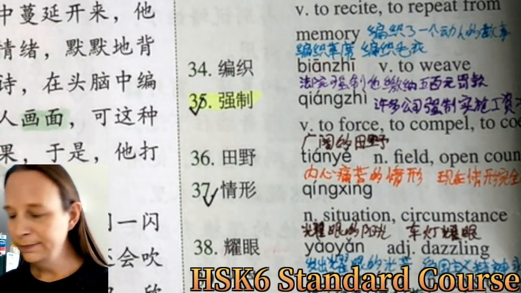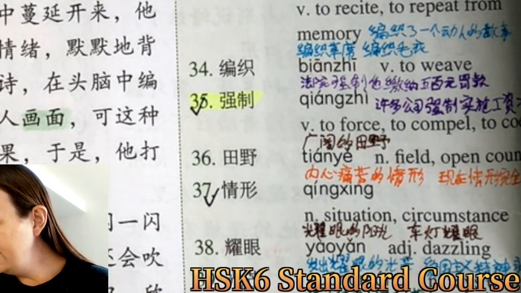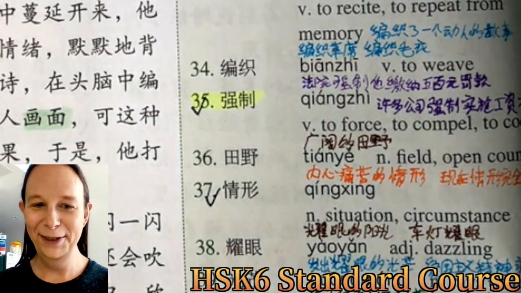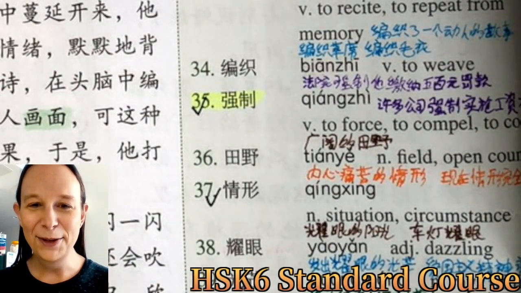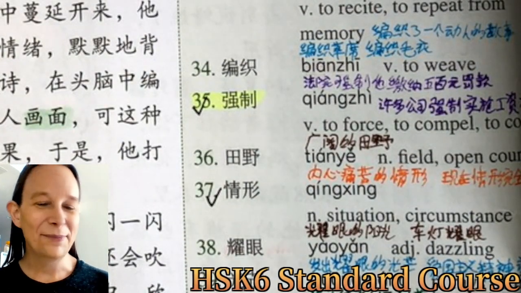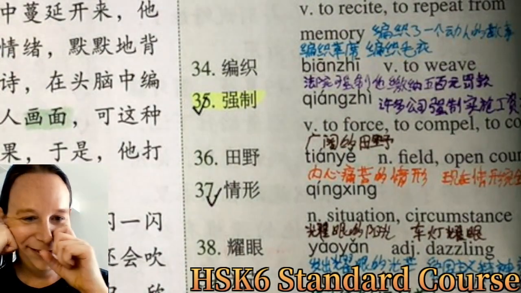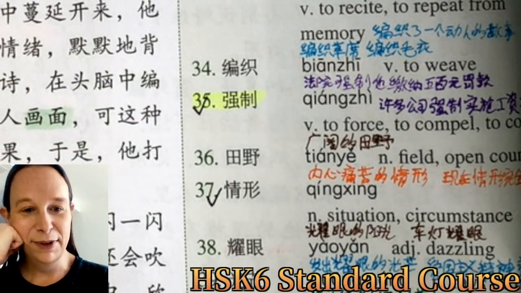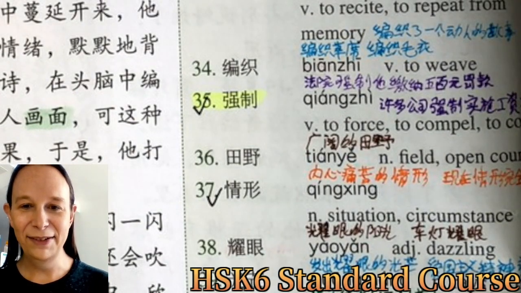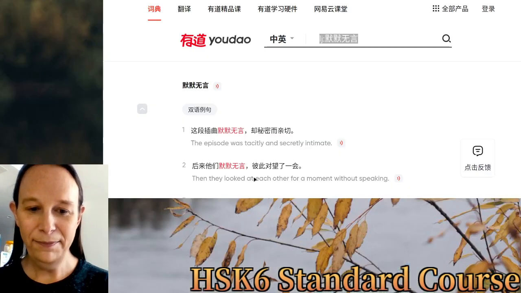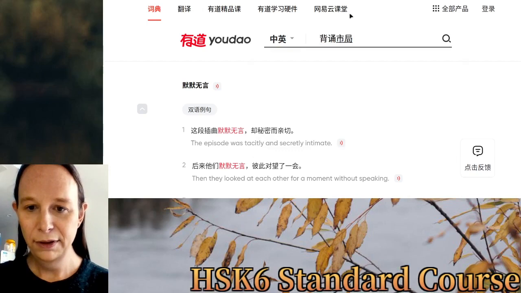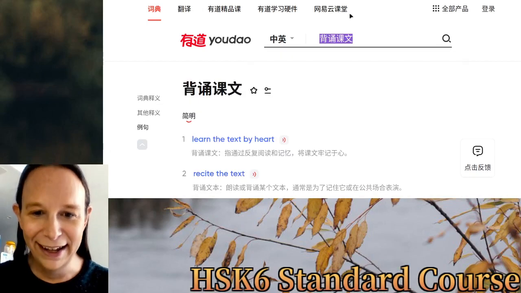All right. So 背诵. I think Chinese children get forced to 背诵, 背诵诗句. Yeah, from what I understand, they kind of don't understand what the poem actually means or any significance of the poem. They just have to recite it from memory. 背诵课文.